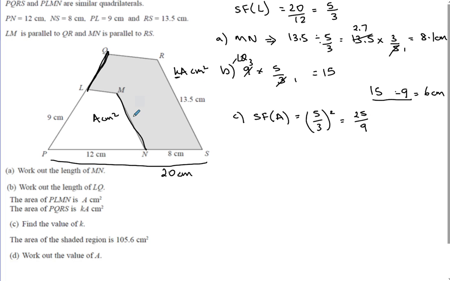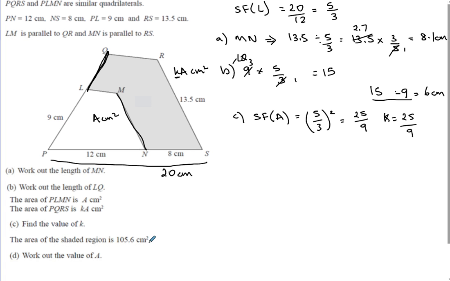So if we wanted to find the area of the big one, wouldn't we be going A times 25/9, which would be KA centimeter squared? So you can tell that the K must be 25/9, because that's what we would be multiplying the area of the small one to get the area of the big one. Yeah, all right, that was easy, wasn't it?